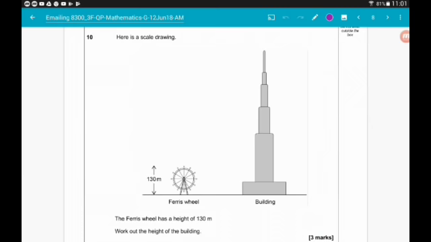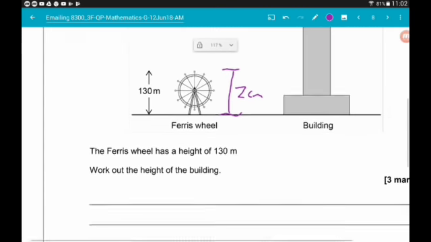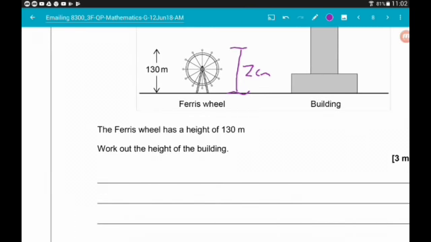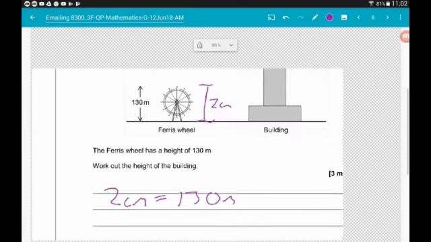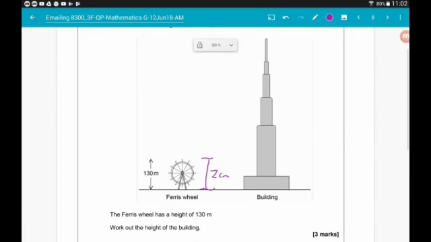If you've got this printed off, you would find the height of the Ferris wheel is 2 centimeters. So that then gives us our scale. 2 centimeters is equal to 130 meters.